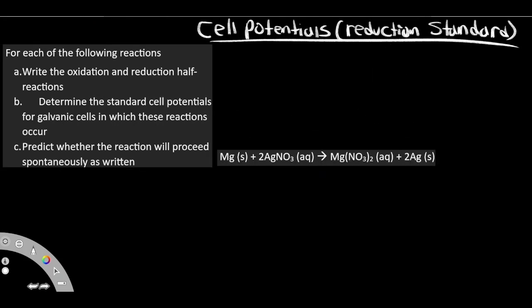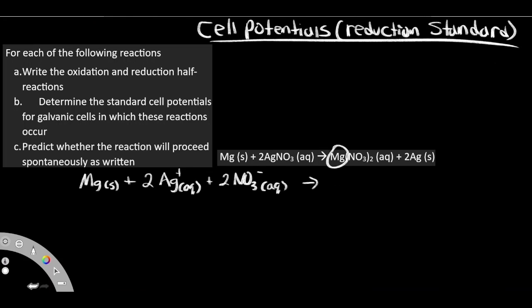So let's write this out. We have our MgS. That's going to stay the way it is. And as you can see, we can tell that there are going to be spectator ions here and spectator ions over here. So let's get rid of any spectators that we see. So we have 2 Ag plus aq followed by 2 of these nitrates, yielding 1 Mg.